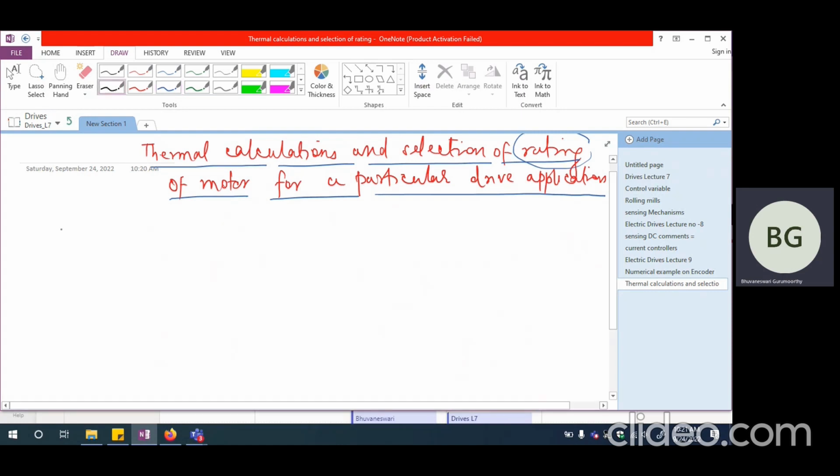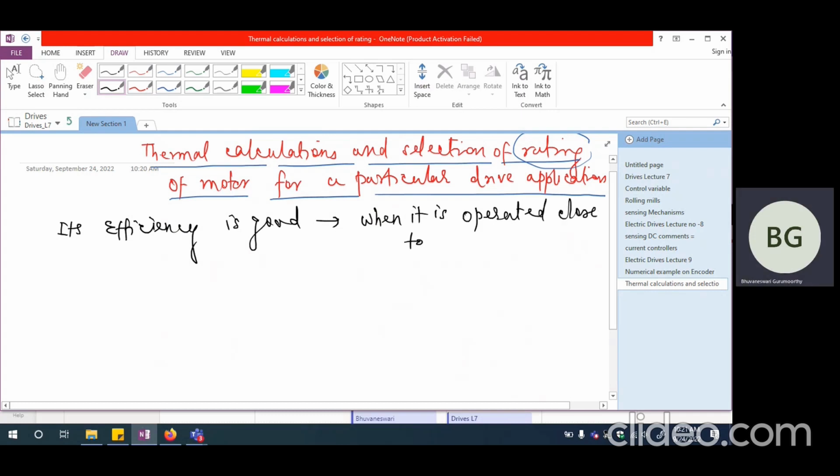So if you look at any electric motor, its efficiency is generally good when it is operated close to its rated power. So we would like to select a motor such that it will be operated close to its rated power most of the time so that we get a good efficiency from the motor.